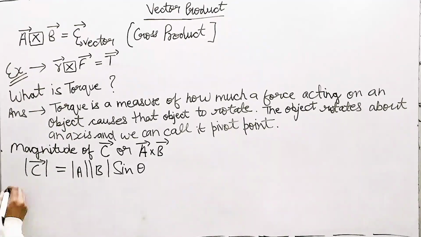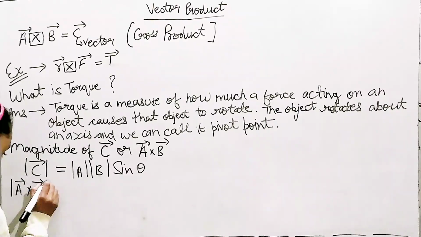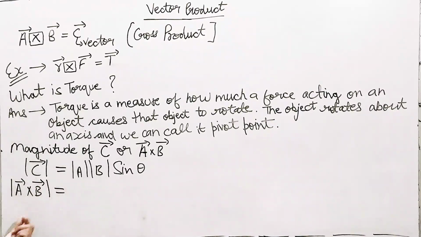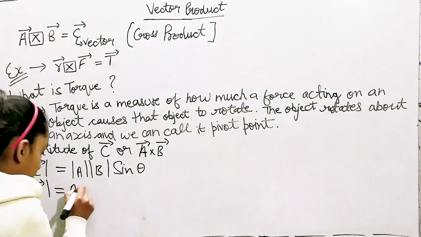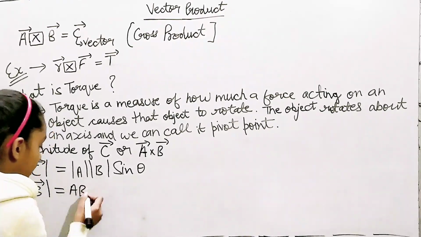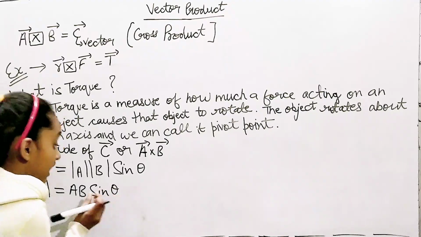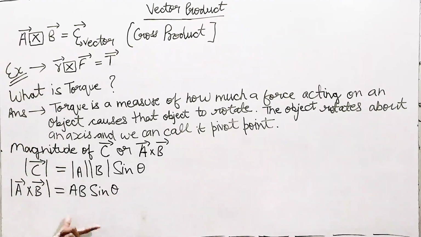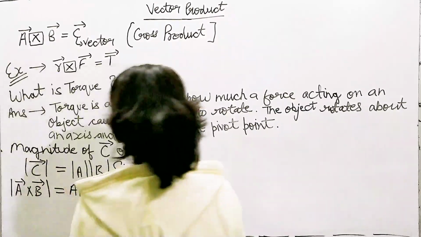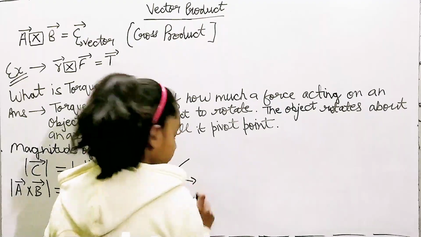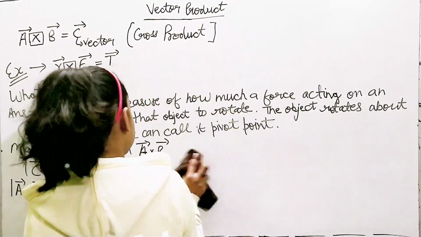So let us continue. So it was vector A cross vector B, so mod of A cross B, and we can also say it as AB sine theta. And how sine? I am going to tell you now.